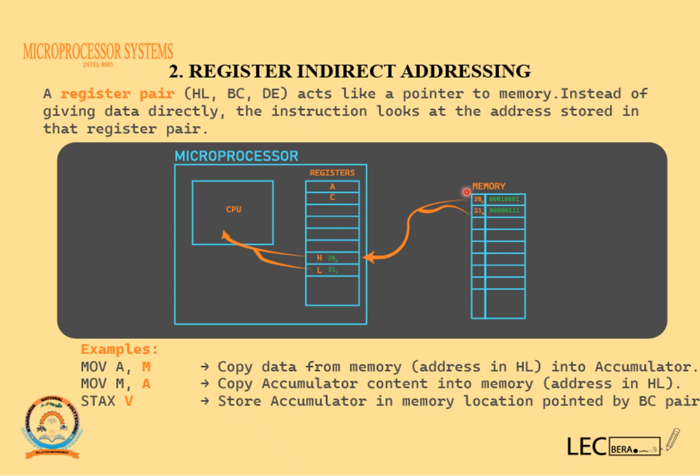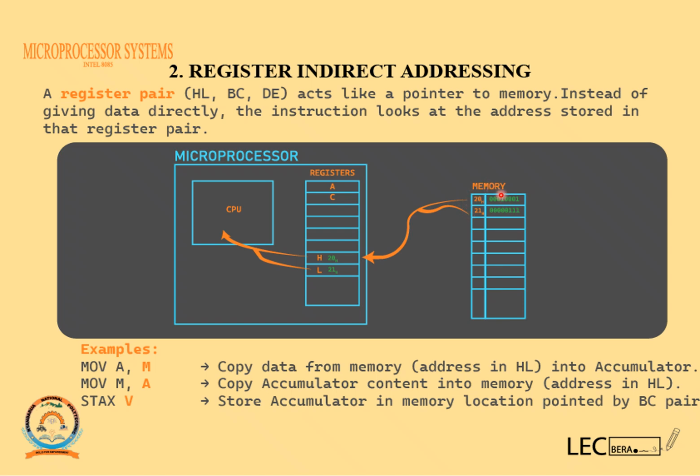So I've told you that you cannot hold more than 8-bit data inside one register. If you look at this 20H alone, it's an 8-bit data. 21H is another 8-bit data. So I will need 2 registers to hold this data. Now remember, this is not data actually.